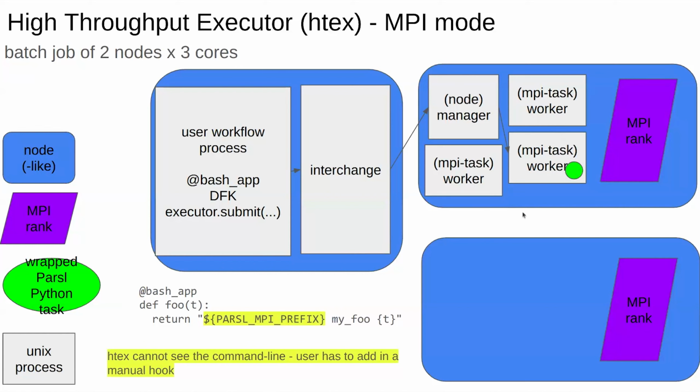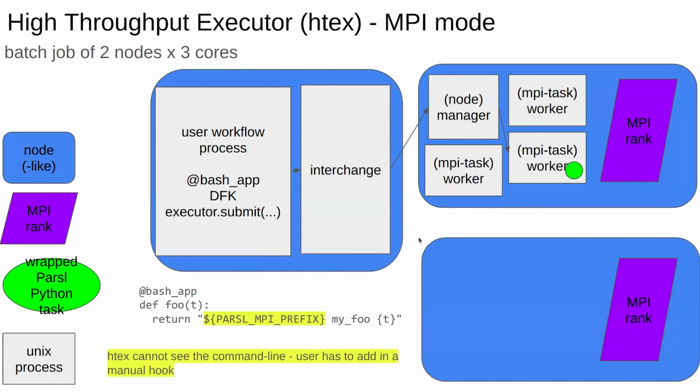Now, HTEX can't see the command line because all the worker is doing is running this Python code that happens to fork. Okay, so in order to do that, your user has to bodge into their bash app a hook so that the worker can hook into this opaque Python function to get a srun or an MPI exec or whatever bodged into the front of your command line.